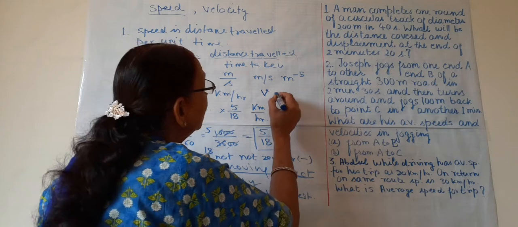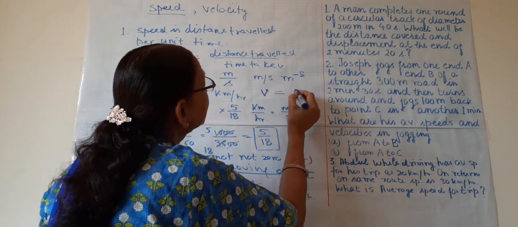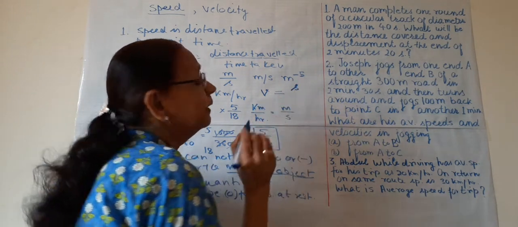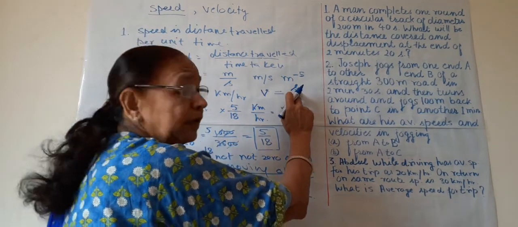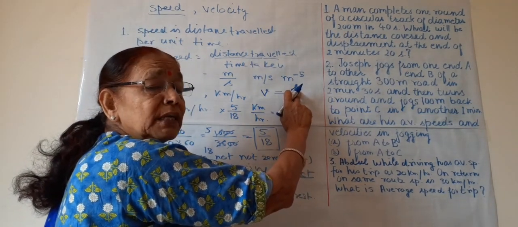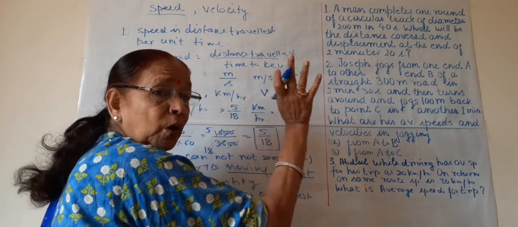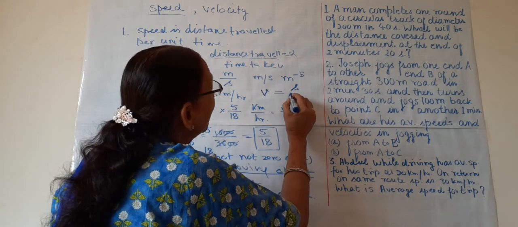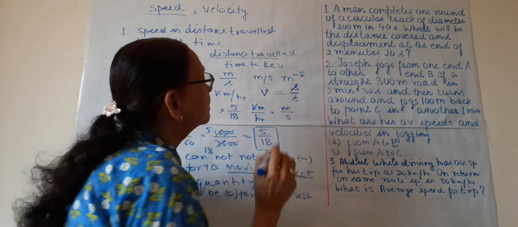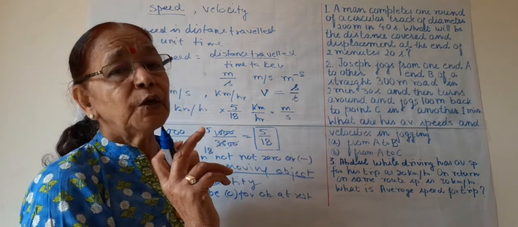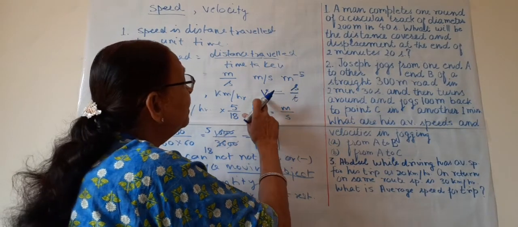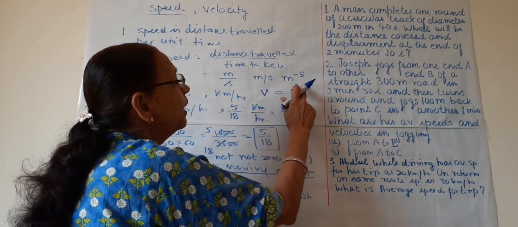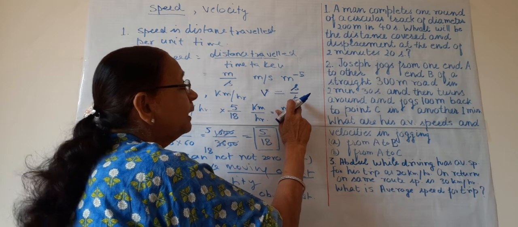For distance, s is written, not d. Remember, for the distance traveled, the symbol used is small s, not d. And for time, all of you know, small t is used. So the formula in this notation we will write v is equal to s upon t.